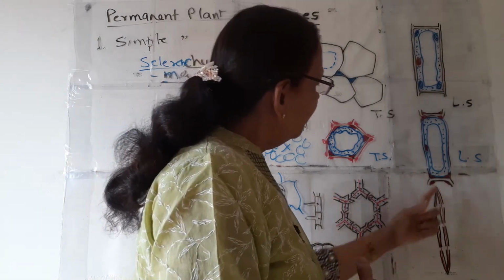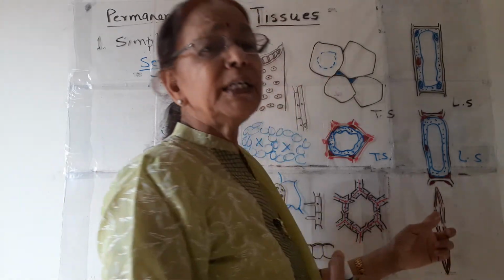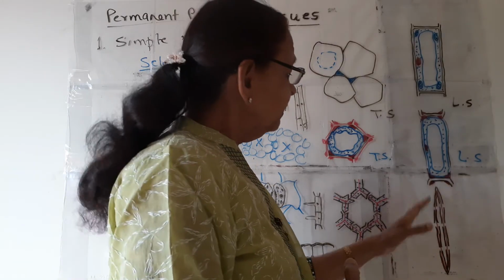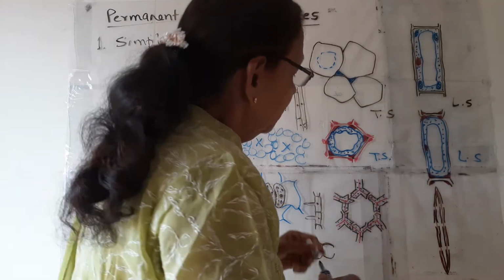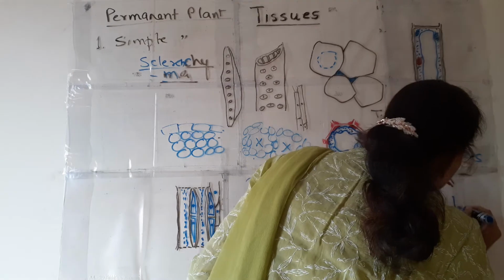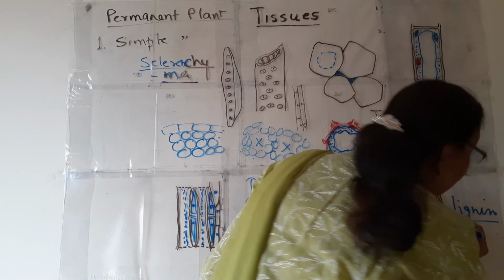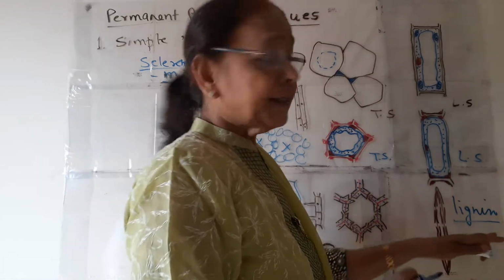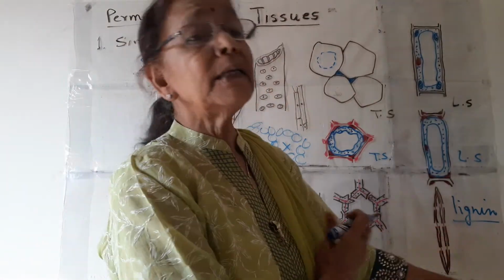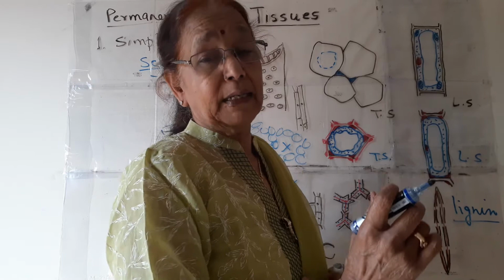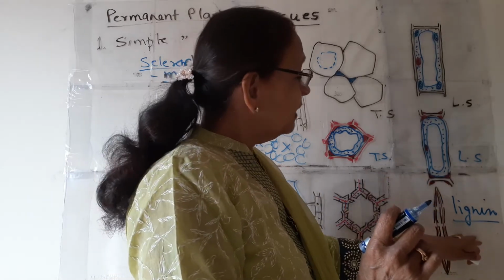Why are they dead? Because in the cell wall of these cells, a chemical known as lignin is deposited, and this lignin is somewhat cement-like, and it gives strength.